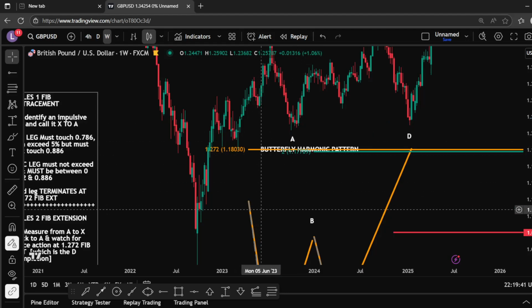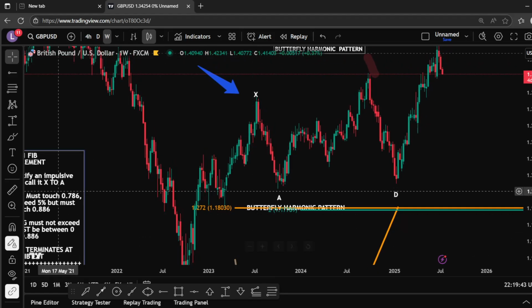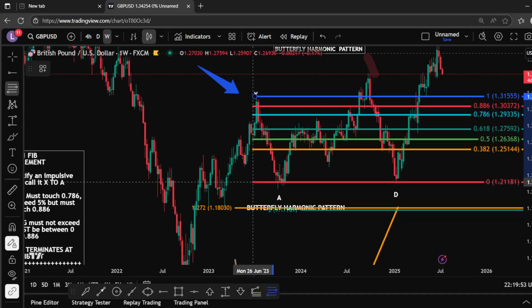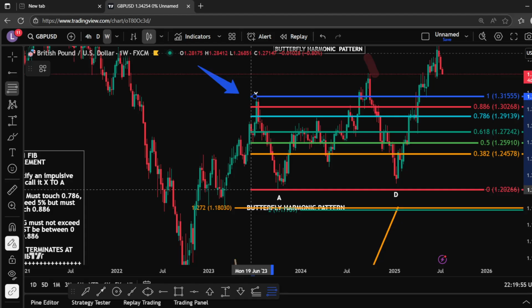Yeah, so now I'm going to use my FIB retracement. I will plot from the start of the impulsive leg, which is the X, to A, where it's terminated.